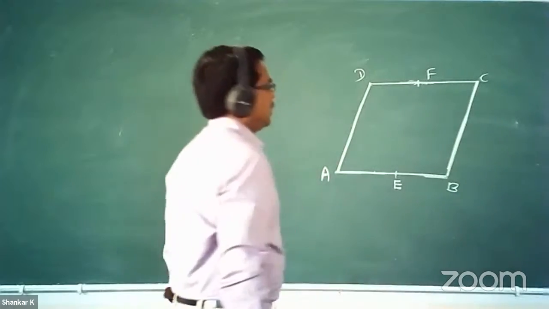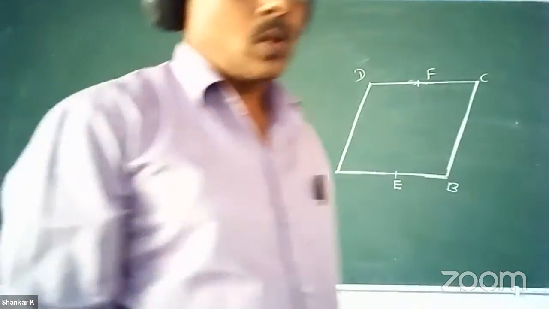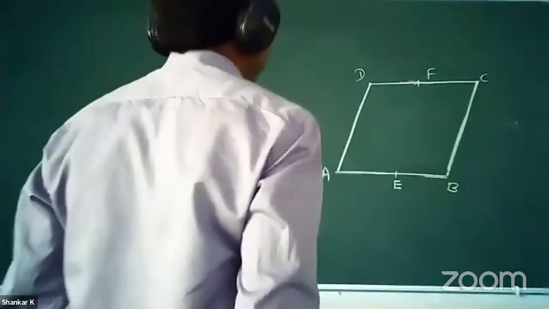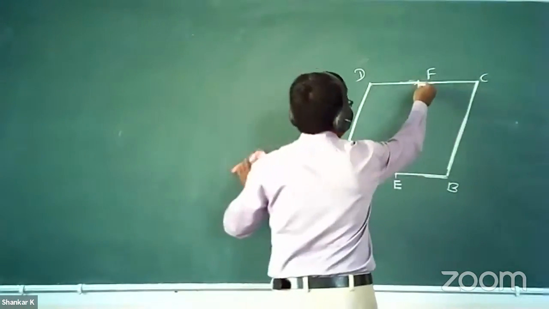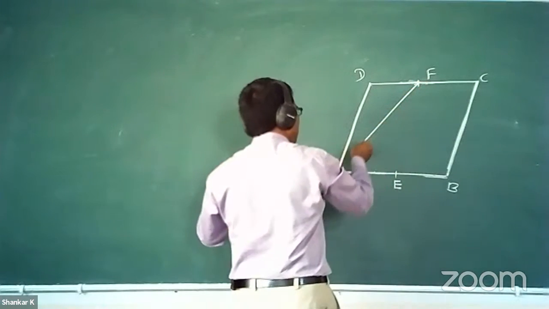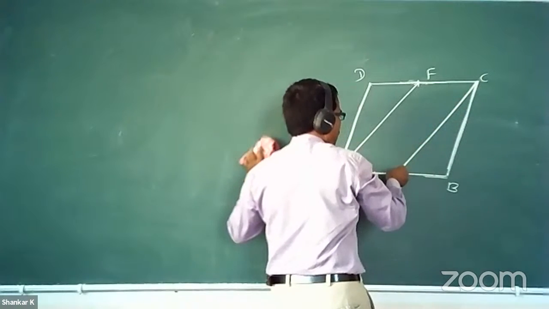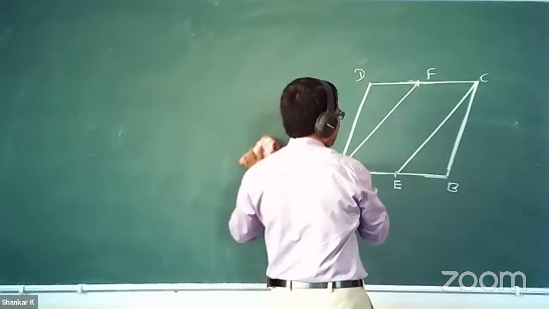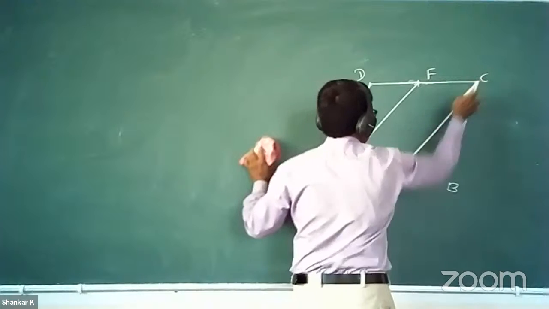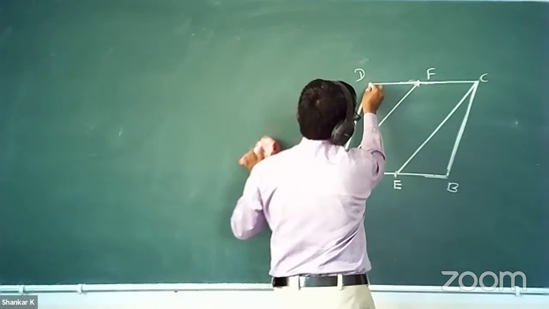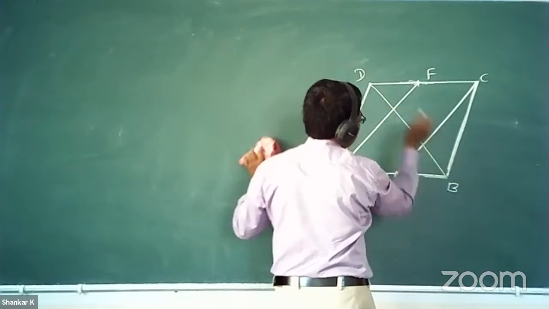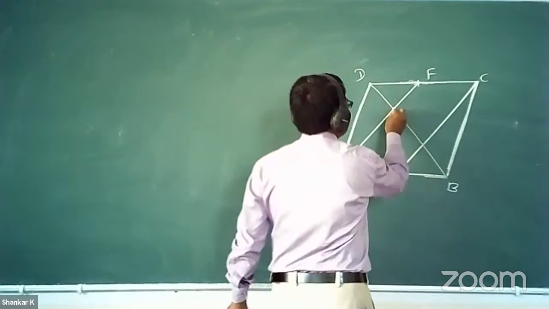Then you join AF and CF, which you have drawn. AF and CF trisect BD, you have to prove.